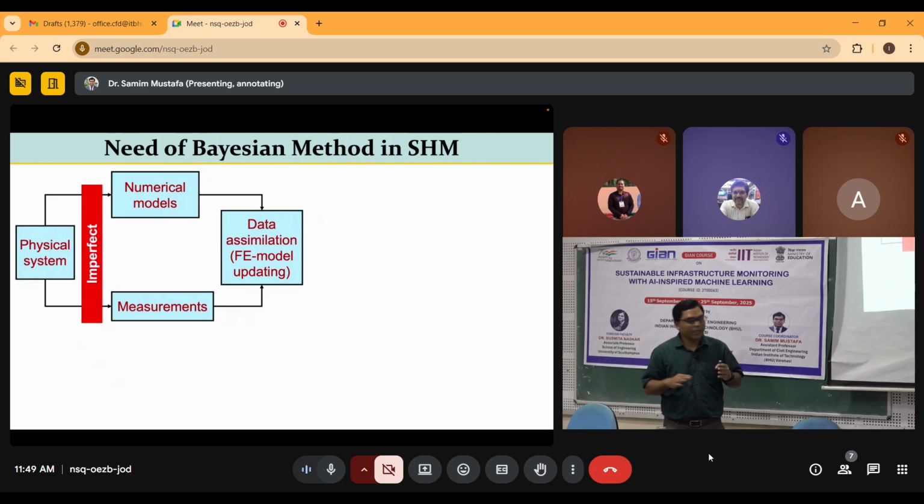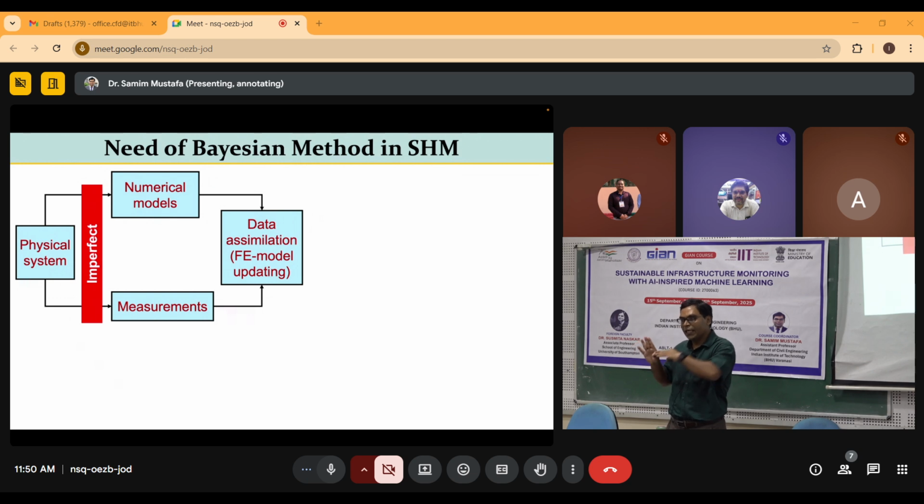So why not perfect? Suppose you are making a structure, whatever is constructed, that is final. You cannot go back and change anything, right? So that is your final. You should rely only on the existing structure, and the response that you are getting from it is the final response.